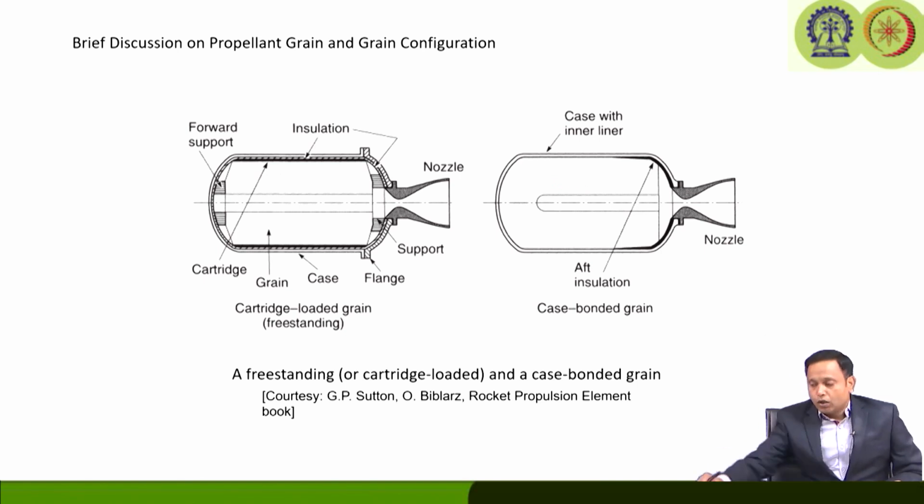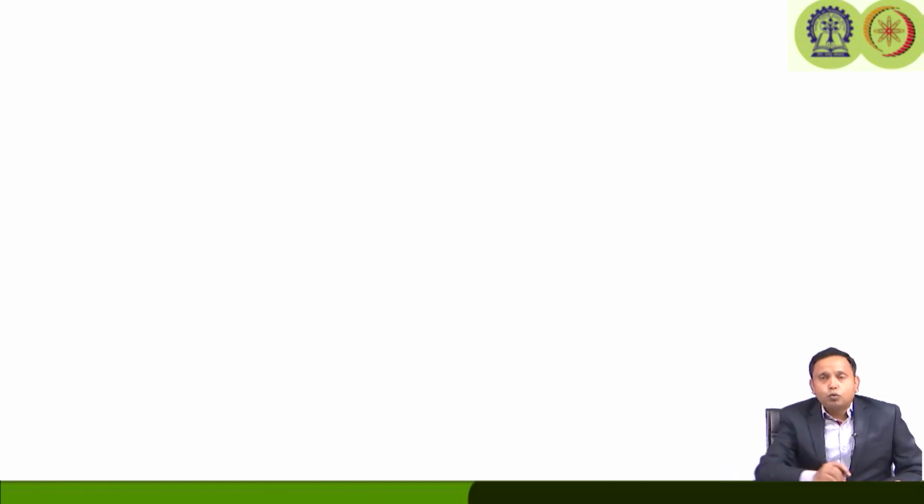All right. Moving forward, we may look at some of the terminology which is essential for solid propellant rocket. For example, like we said the grain already, that is the shaped mass containing the propellant which is placed inside the motor casing.